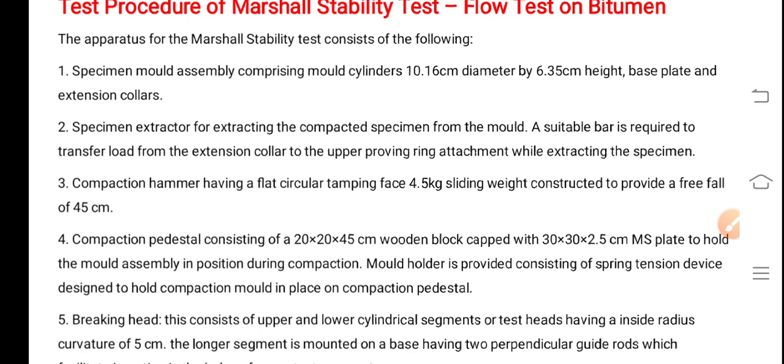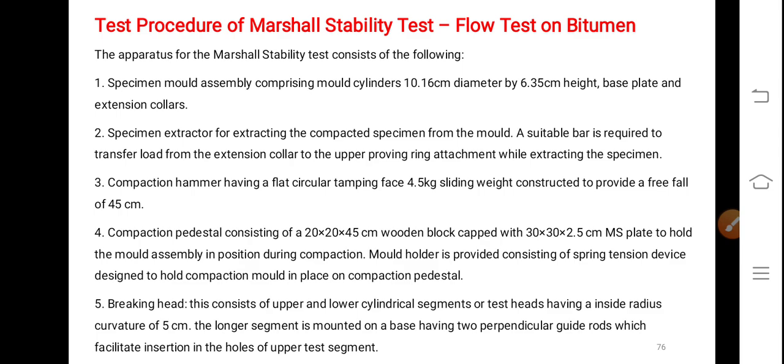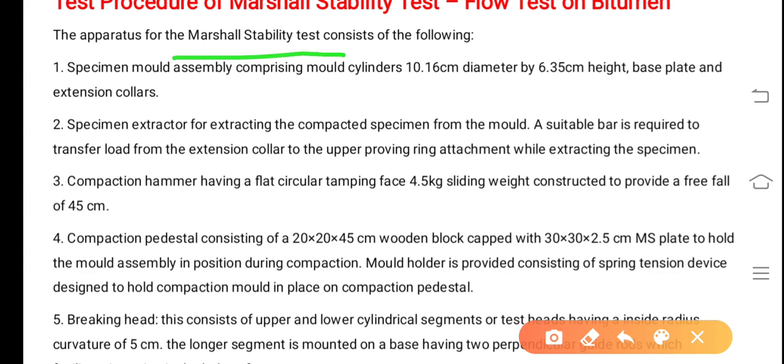However, in brief, the apparatus for the Marshall stability test consists of the following: specimen mold assembly, comprising a mold cylinder of 10.16 centimeter diameter and 6.35 centimeter height, base plate and extension collar.